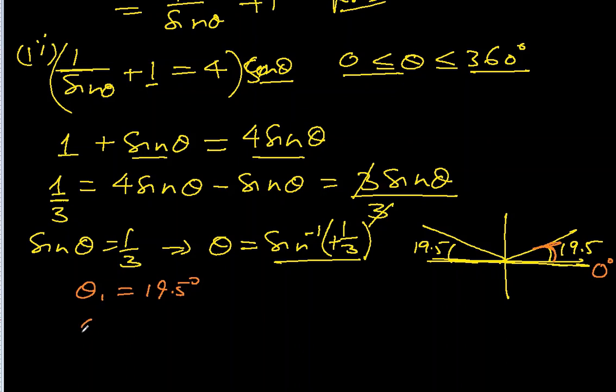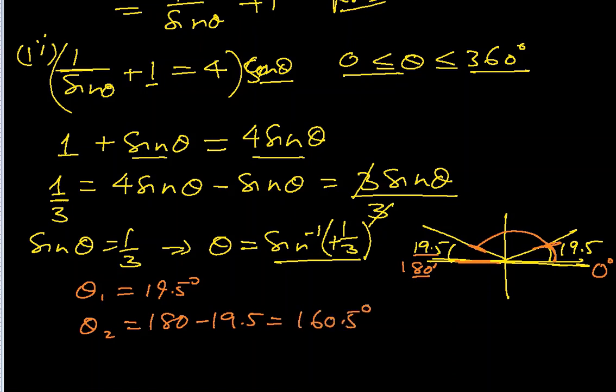That's our first answer. Second answer, we start from 0 and go to the second line, which is 19.5 degrees less than 180 degrees, because if we reach this line, it is 180. So it will become 180 minus 19.5, which is 160.5 degrees.